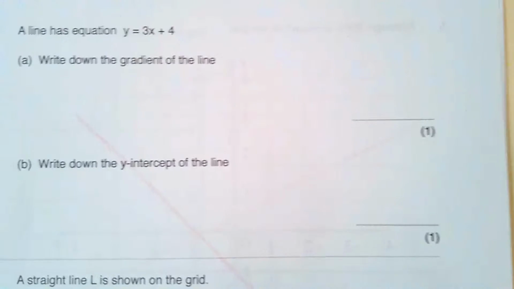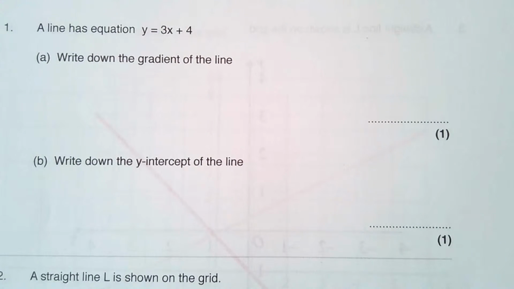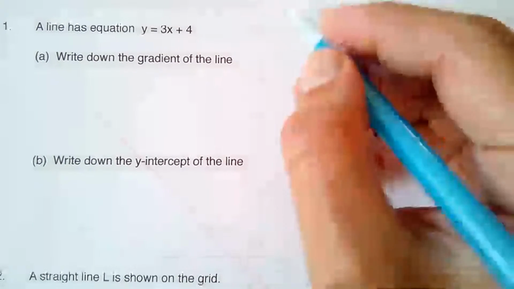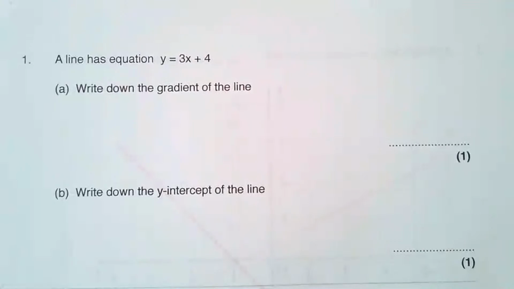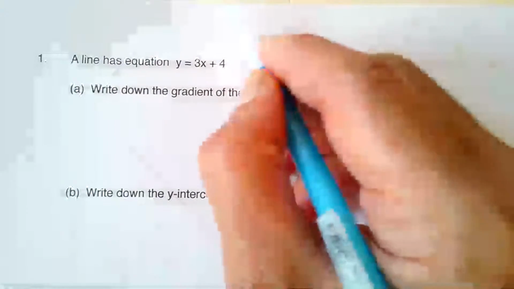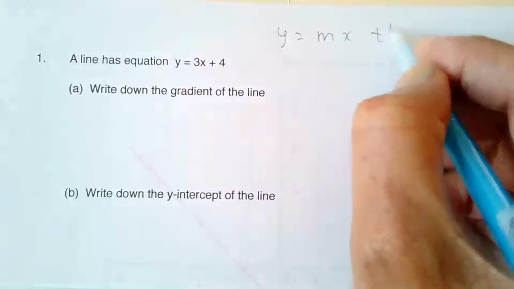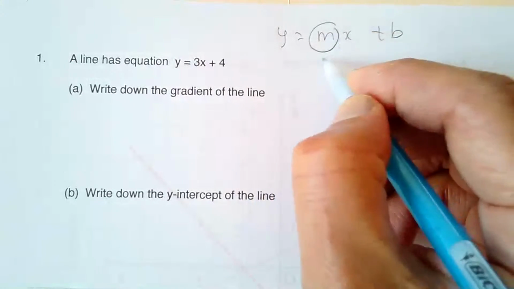Okay, let's look at some example questions. Now we've gone through a few of these. Remember, our equation is y is equal to mx plus b. So here's my equation of a line. So equation of a line is y is equal to mx plus b. So this is my slope.